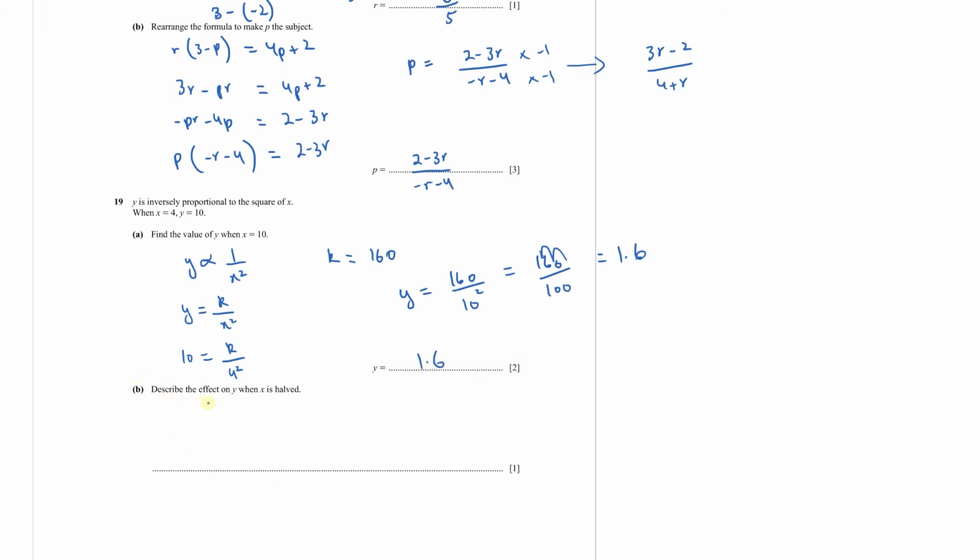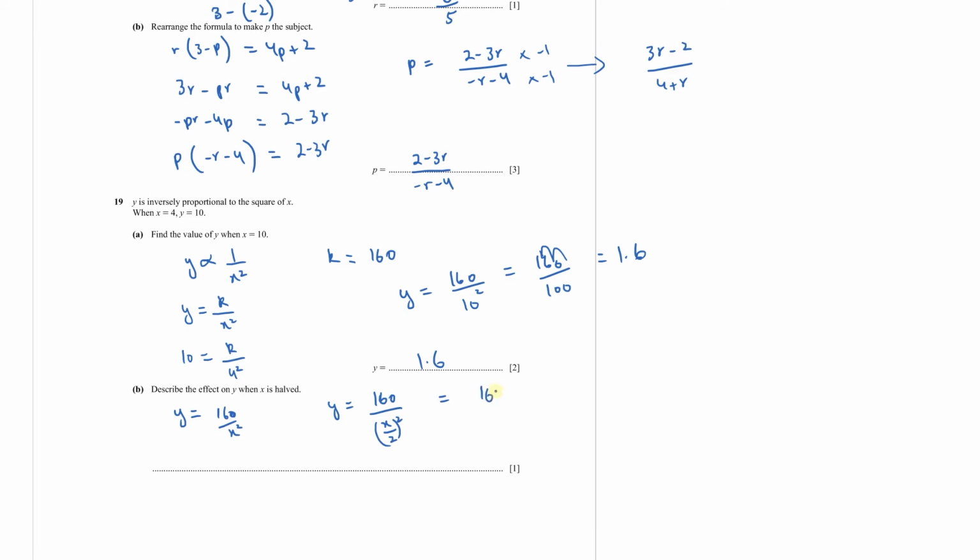Describe the effect on y when x is halved. So y is 160 over x squared. What happens when x is halved? Let's see. x is halved, so this becomes (x over 2) squared.